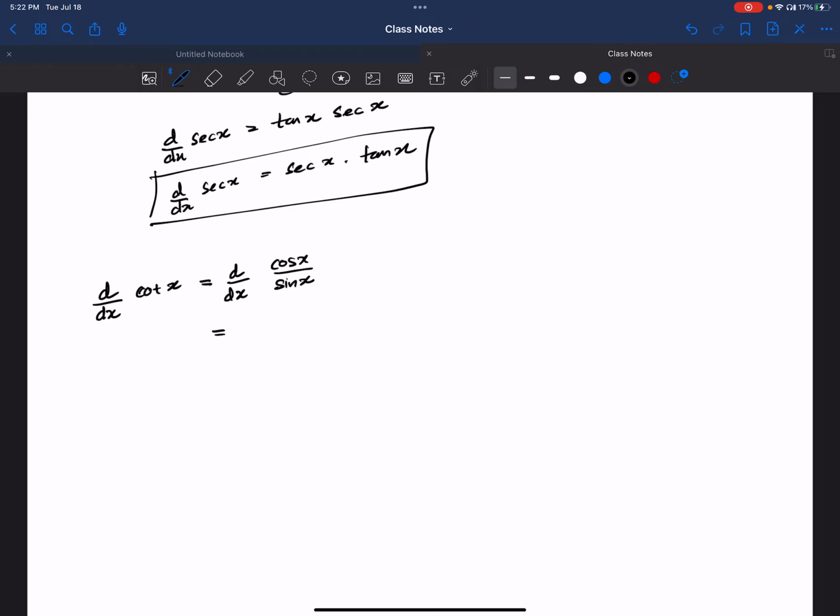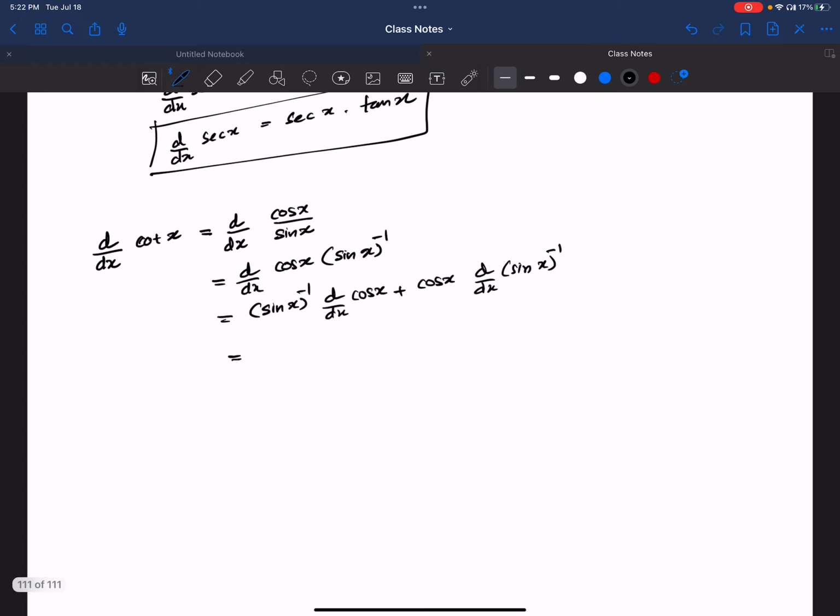So I can write d over dx cosine x times sine x to the power negative 1. Applying the product rule, I can put sine x to the power negative 1 times d over dx cosine x plus cosine x times d over dx sine x to the power negative 1.